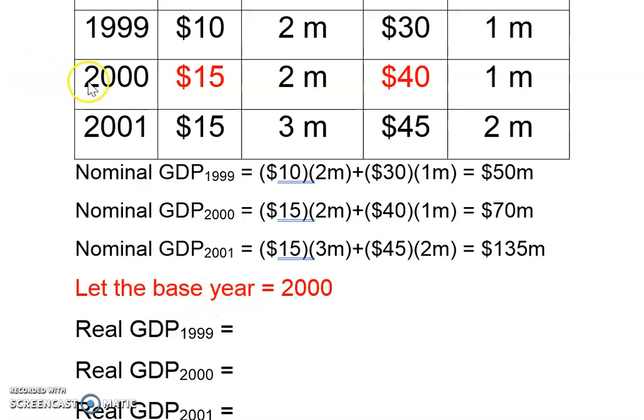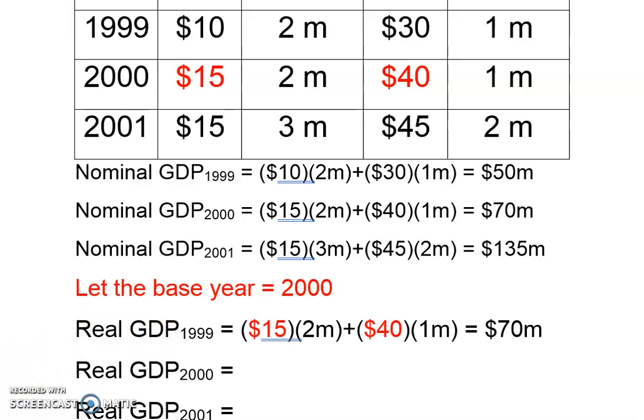For example, if year 2000 is our base year, then the price will be fixed at $15 for pizza, $40 for jacket. Okay, so let's take a look at this real GDP.